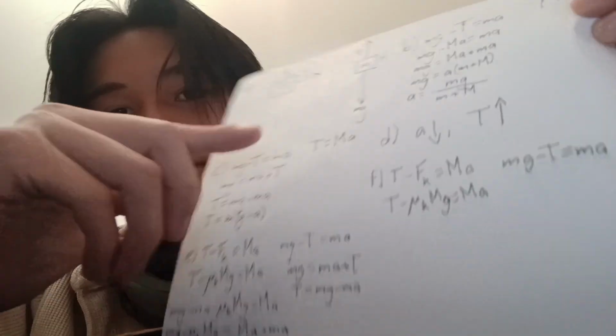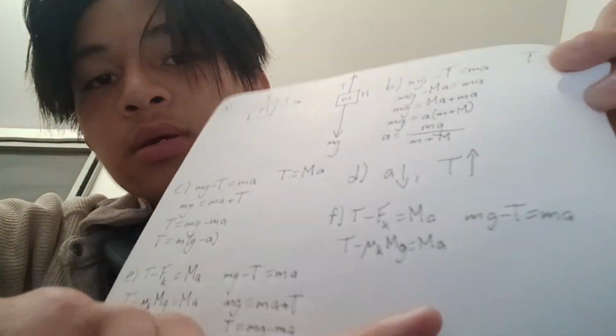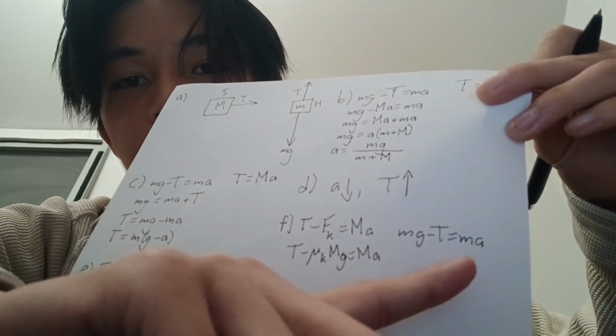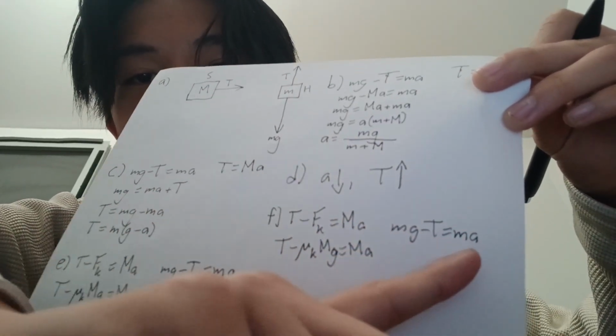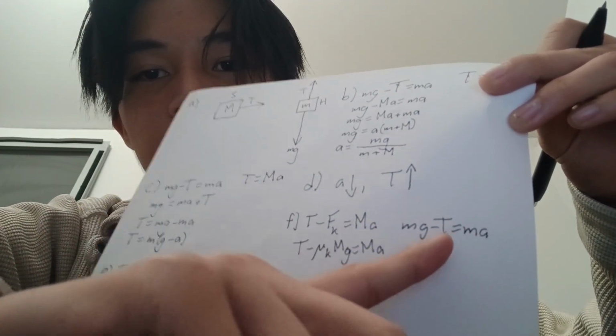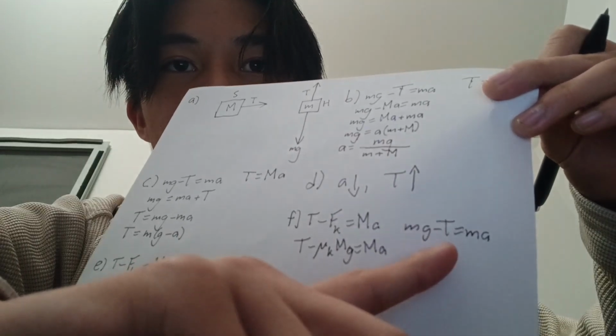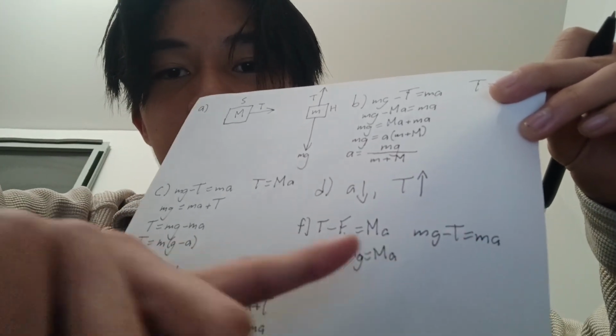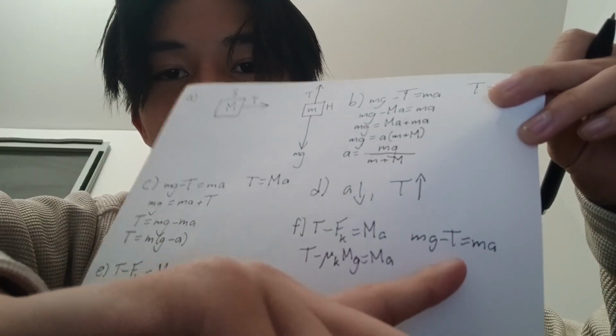And then what I did this time, since we're trying to find tension, was I divided both sides by m here, just got rid of this m, and then found a here, because we don't want a in the equation. So I just replaced this a with what a is equal to here. And so that looks like, no, excuse me, looks like this.